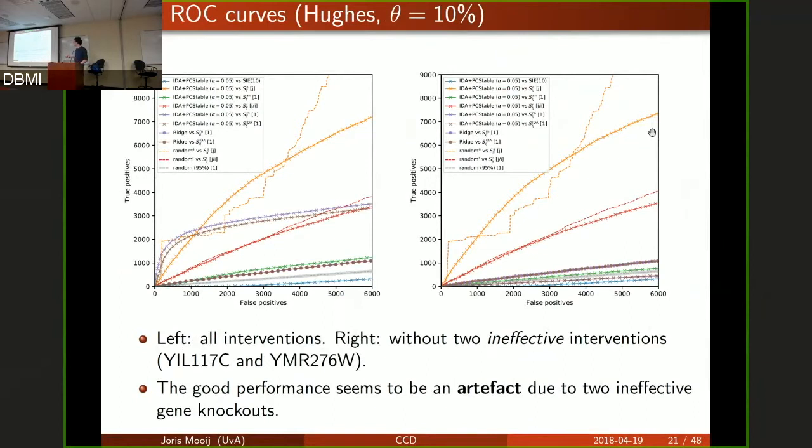If we just remove these 2 out of the 234 interventions that are in the data, then, whoops, the whole signal is gone. It's even doing worse than random guessing now. So I would say this is probably an artifact due to these 2 ineffective knockouts.